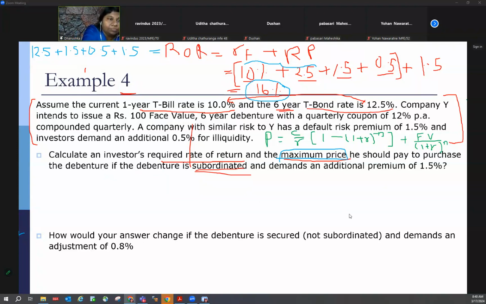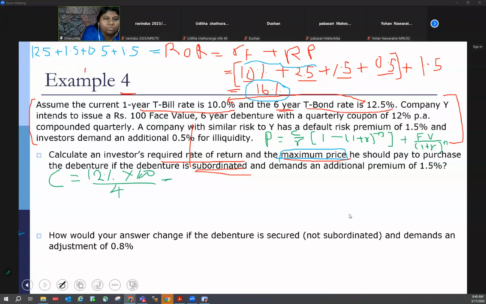So C is your coupon for the period, right? So how much is your coupon rate? 12%. 12% into 100 divided by 4 coupons per year.